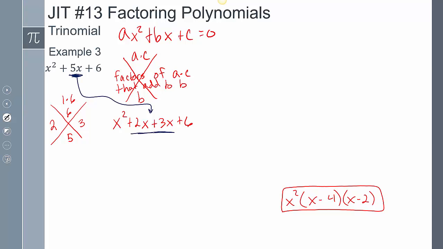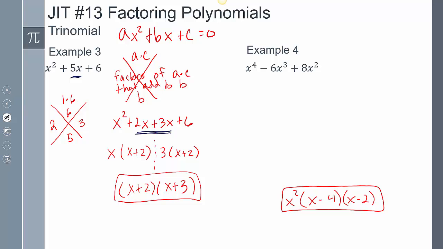So how did I get these values? 2x and 3x. And the plus 6 is still there. So the only thing that changed in this expression is this 5x. I took this 5x and I rewrote it as 2x plus 3x. And that's going to be my answer.